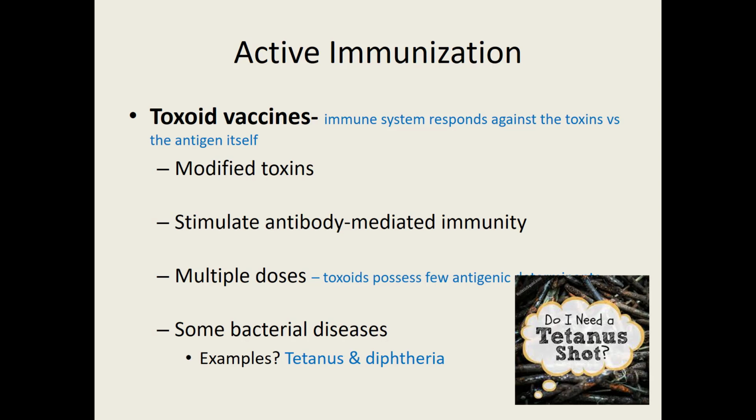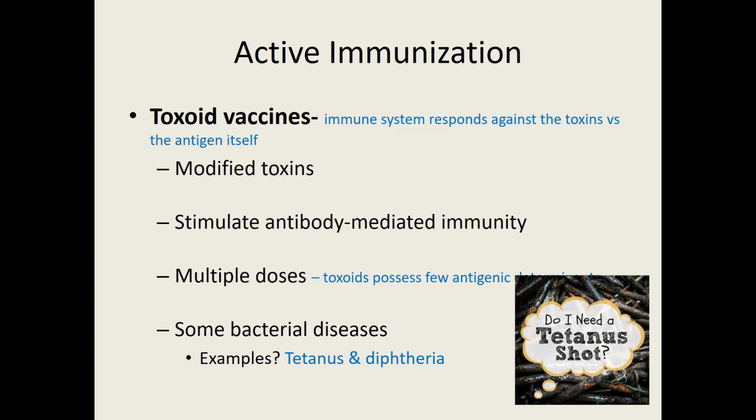And so they usually require multiple doses, lots of booster shots. An example, tetanus, you usually need a booster shot around every 10 years, although I hear some say 7, some say 8. Diphtheria usually also requires a booster. Again, it's not the bacteria that's causing a problem, but the actual toxin that these particular bacteria can make that causes a problem.